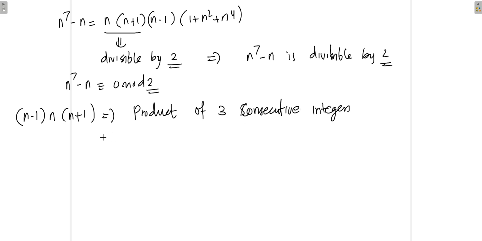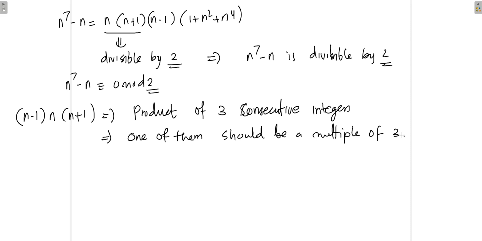Okay, ഇനി പ്രോഡക്റ്റ് ഓഫ് 3 integers എടുക്കുമ്പോൾ one of them should be a multiple of 3. Okay, മൂന്ന് അടുപ്പിച്ചടുപ്പിച്ചുള്ള 3 integers എടുക്കുമ്പോൾ ഒരെണ്ണമെങ്കിലും മൾട്ടിപ്പിൾ ഓഫ് 3 ആയിരിക്കും. സോ ഇതിന്റെ ഏതെങ്കിലും ഒരെണ്ണം മൾട്ടിപ്പിൾ ഓഫ് 3 ആയിരിക്കും. സോ ദ പ്രോഡക്റ്റ് ഈസ് എ മൾട്ടിപ്പിൾ ഓഫ് 3.